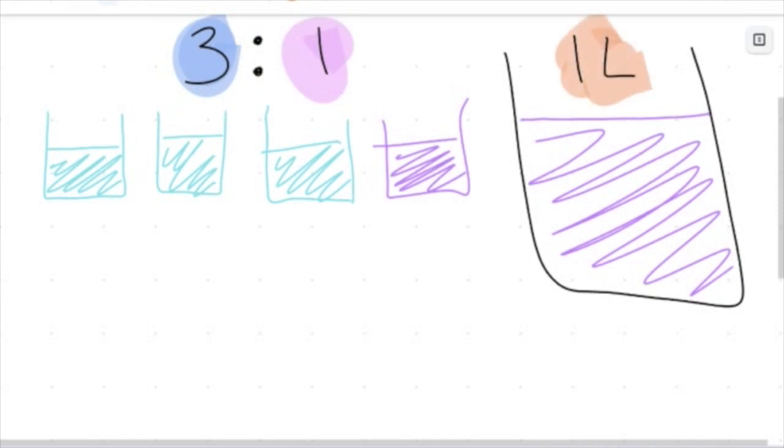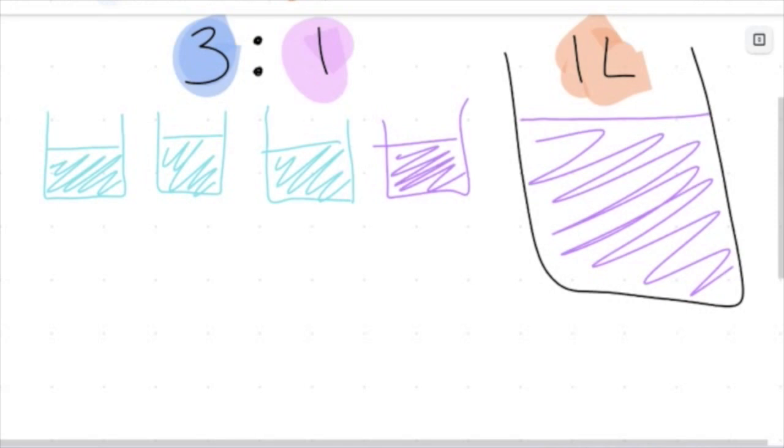Now, I've said this is 1 liter of cordial that I've made using my 3 glasses of water and my 1 glass of cordial. Now, these glasses are all identical. So the measurement I've used to make here, they're all identical.